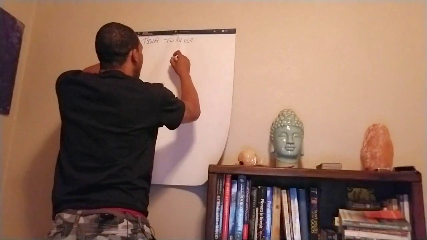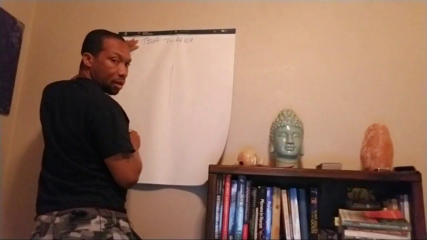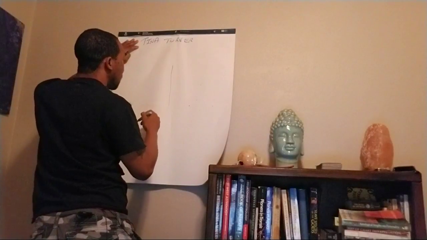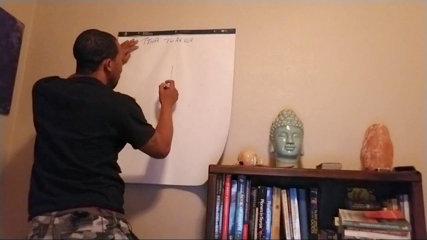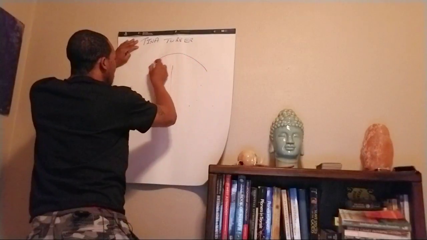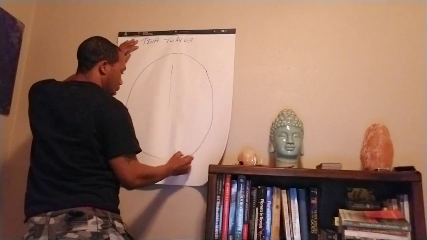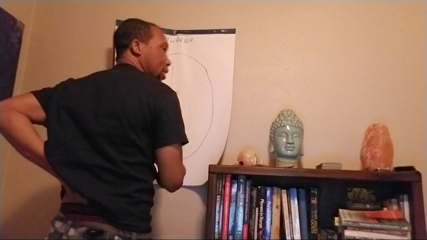So we're going to start off with the lines, which is this. No, we aren't doing it like that. Yeah, that's what we're going to do. We're going to do it like that, and we're going to do a little circle. Make sure it's as un-egg-like as possible.